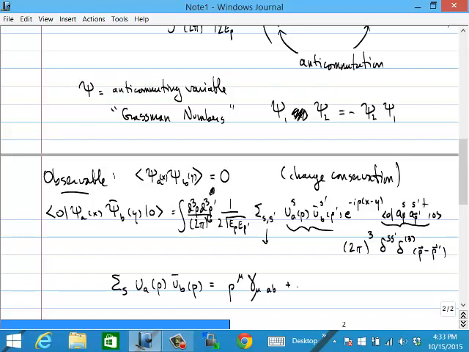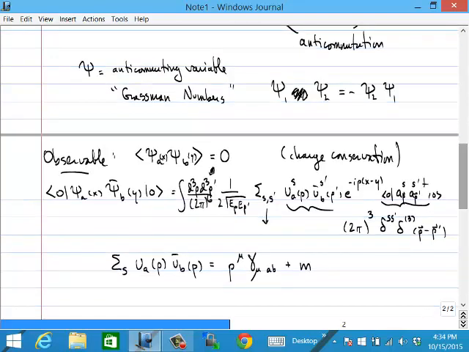So it's a 4 by 4 matrix, and so is the gamma matrix. It's just given by P contracted with the gamma matrix.